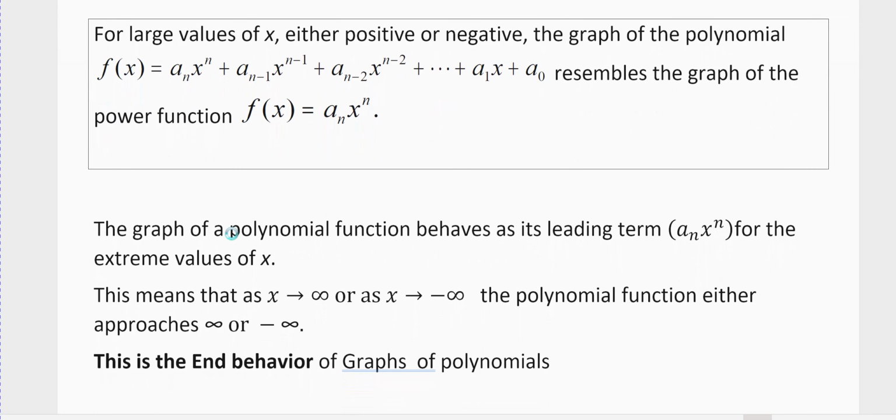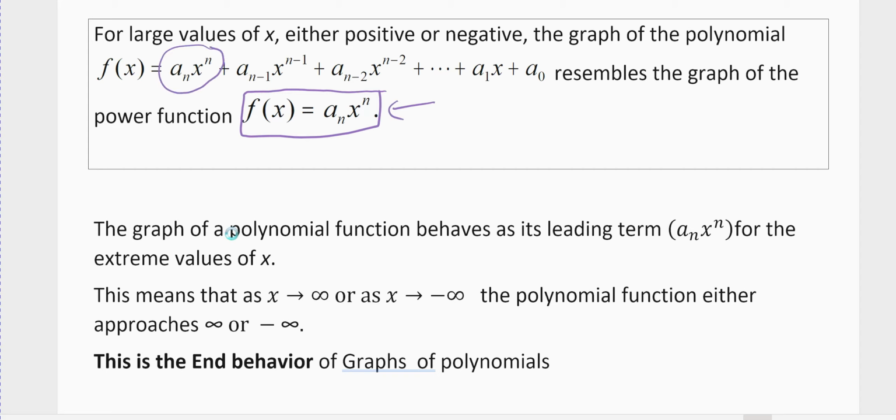If I've got a polynomial, so there's my original polynomial, and I put really big values of x in, so I'm shooting off to the positive infinity or the negative infinity, what happens is the graph of the function behaves like the leading term.